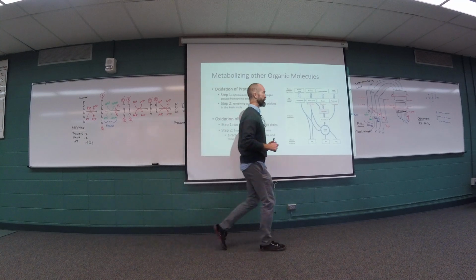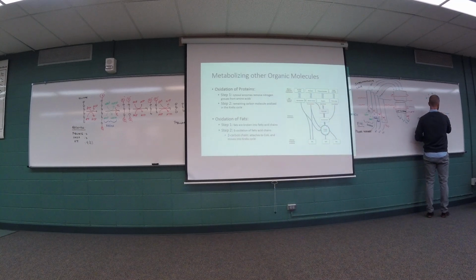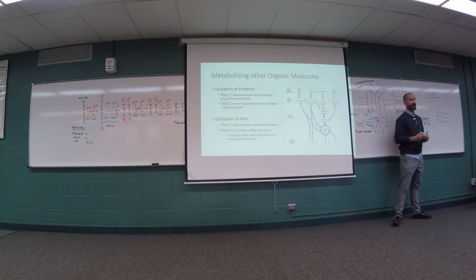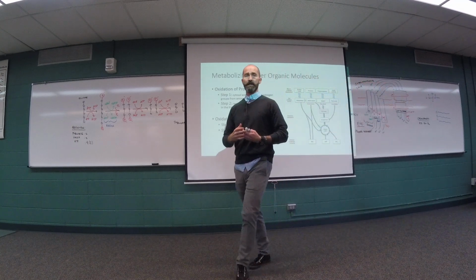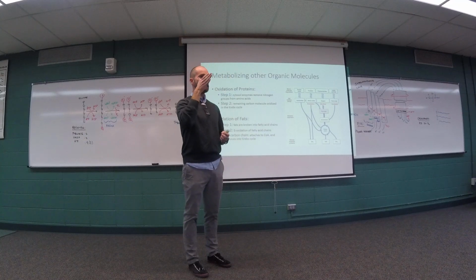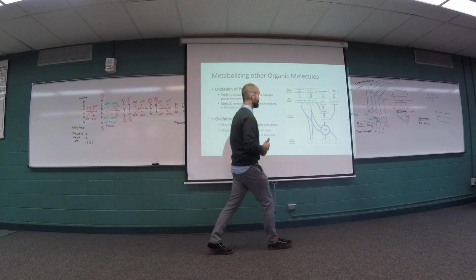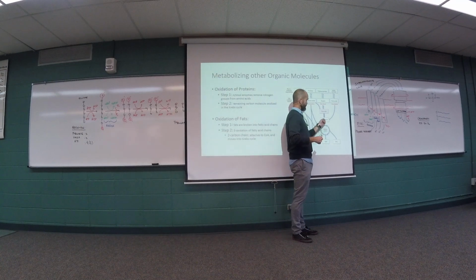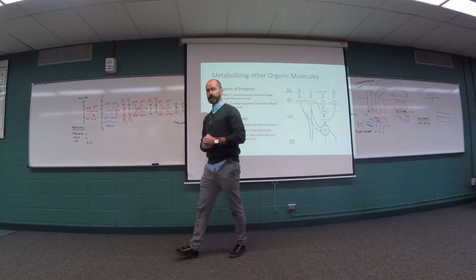So the first stage in the oxidation or the metabolism of fats is we remove the fatty acids from the glycerol molecule. And then we do something called beta oxidation. And beta oxidation is taking 2 carbon segments and chopping them off, and then taking them right into this stage. So you attach them to acetyl-CoA and then run them through the Krebs cycle.